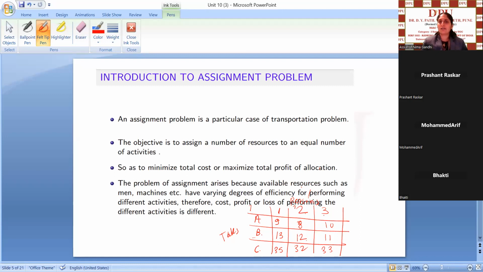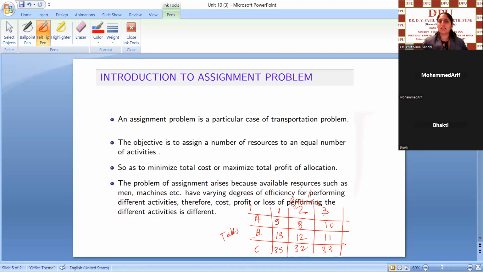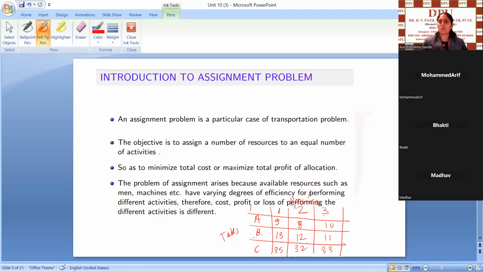So you are interested in maximizing the total profit by allocating the work, or minimizing the total cost you're spending on the completion of that work.